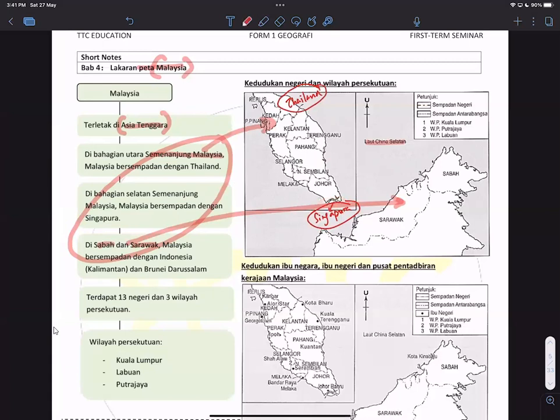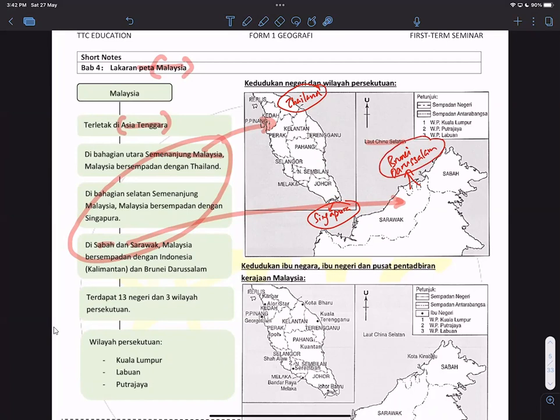But in between of Sabah Sarawak, okay, so these two is Brunei. So Brunei Darussalam, D-A-R-U. Yeah, you guys know how to spell Darussalam, right? D-A-R-U-S-S-A-L-A-M, double S. So this is the total 3 countries nearest to Malaysia.